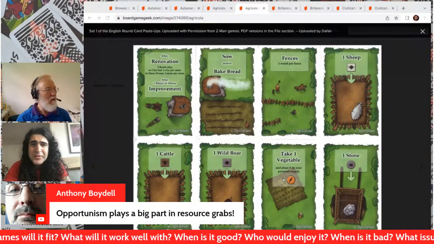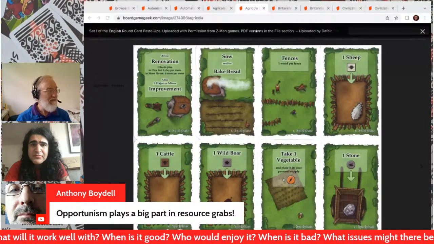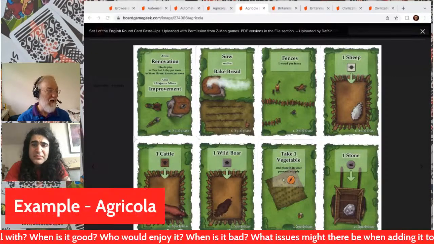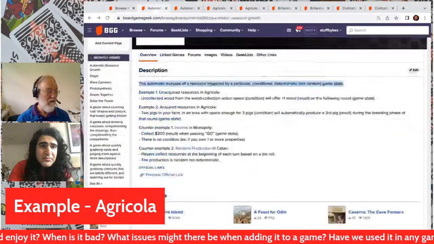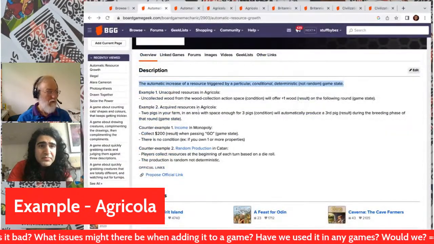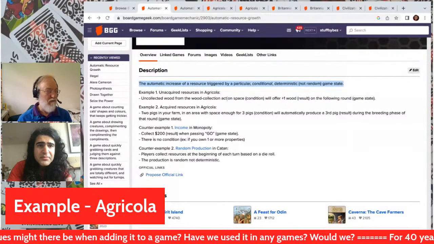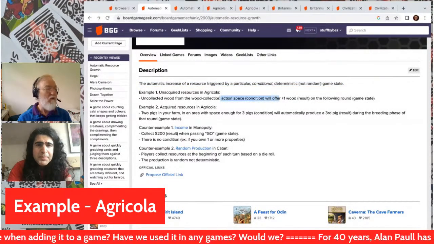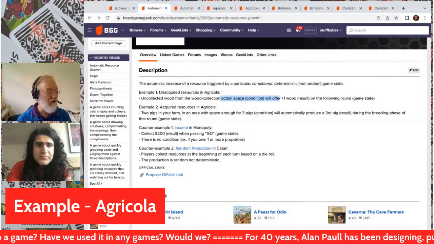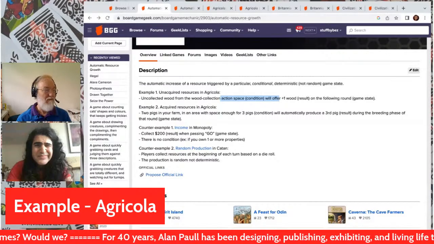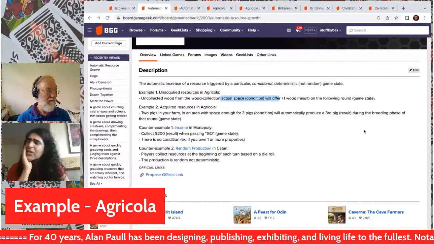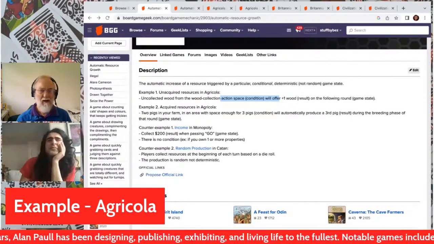It's interesting. The example on the description is unacquired resources in Agricola: uncollected wood from the wood collection action space will offer +1 wood on the following round. So the condition is that it's uncollected wood. I'm not convinced.